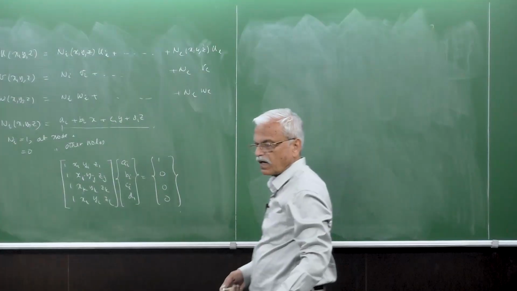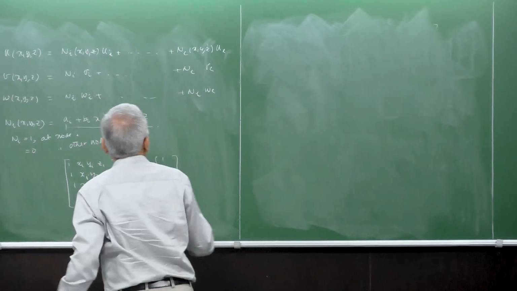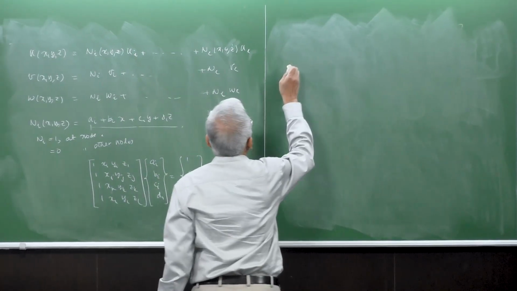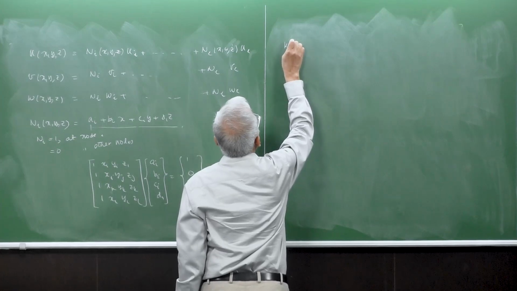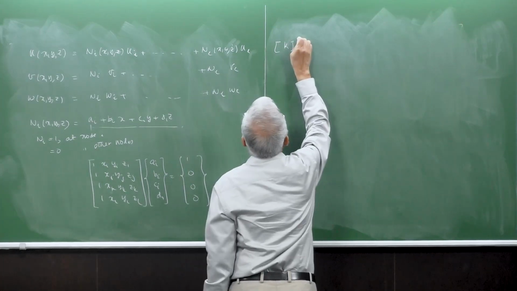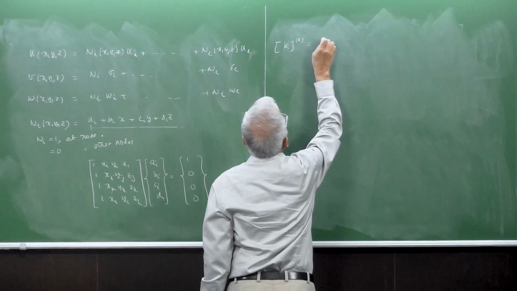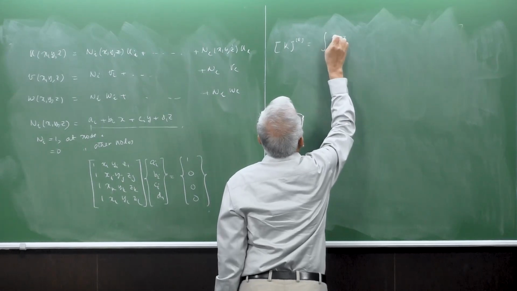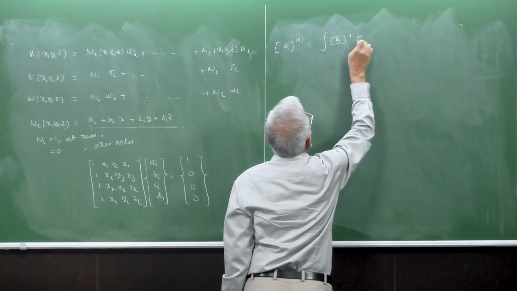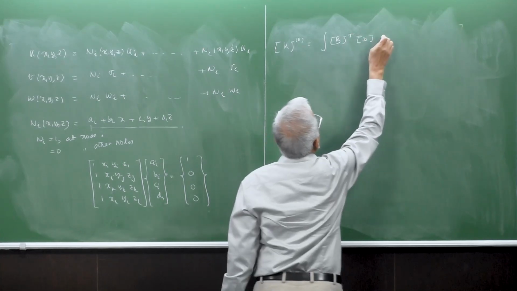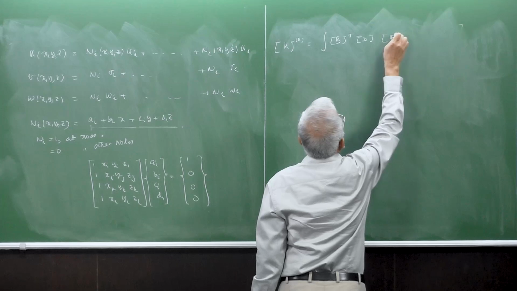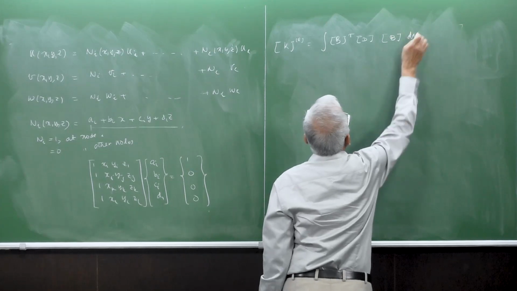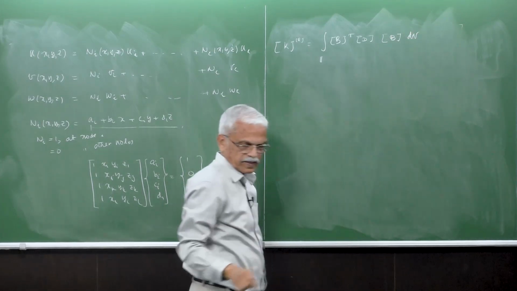Okay. Now, what is it that we require here? If you recall, to evaluate K of the element, we have the integral of B transpose D B over the volume of the element.